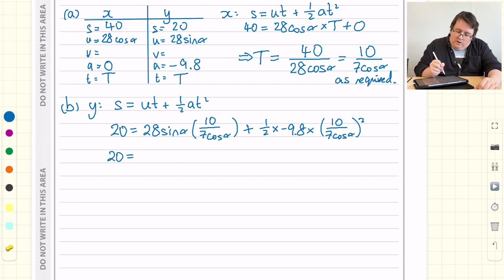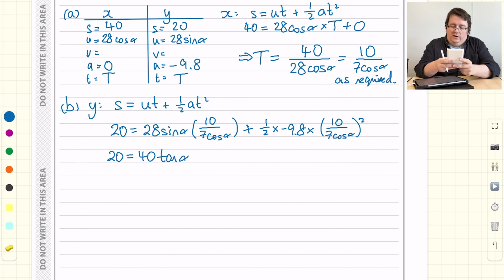So we have 28 times 10, so 280, and then divide by 7. So 28 times 10 divided by 7 is 40. And we've got sine over cosine there, so that'd be tan. So 40 tan alpha.